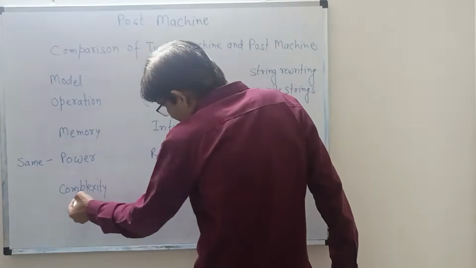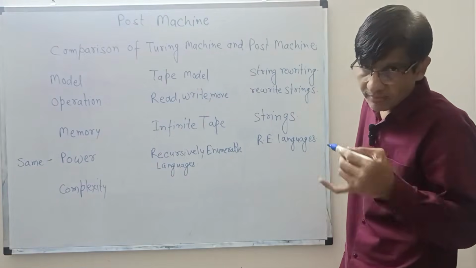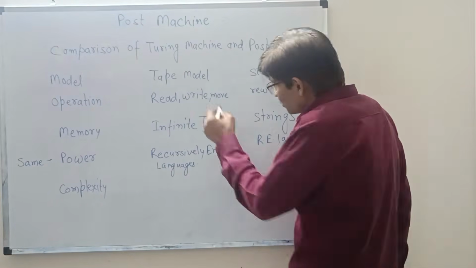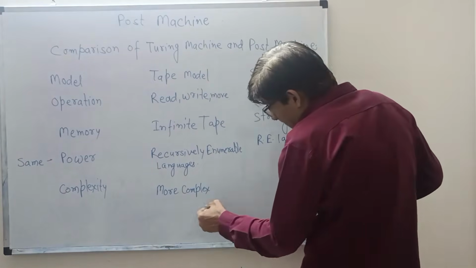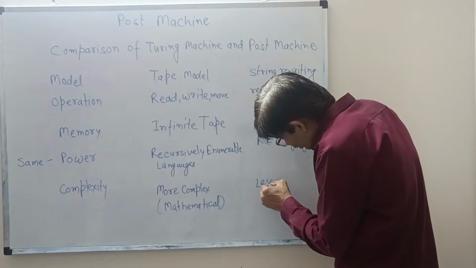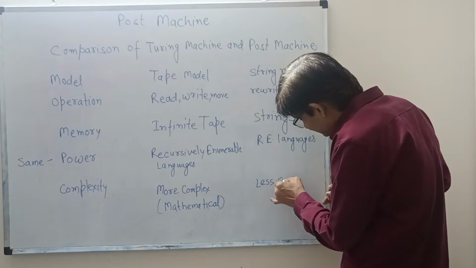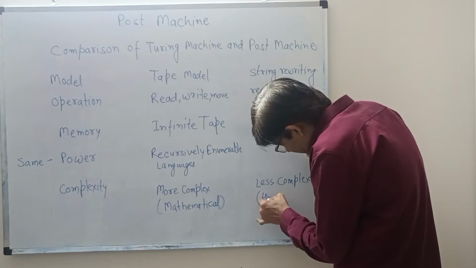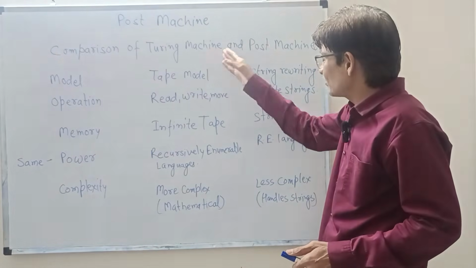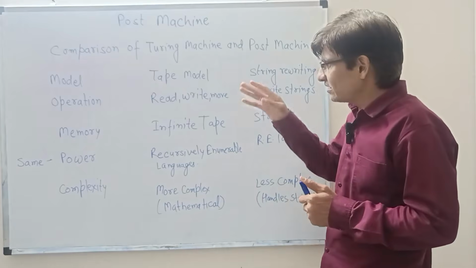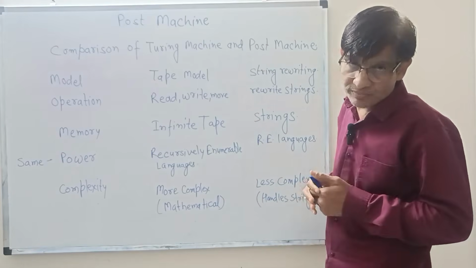Now if I compare these two on the basis of complexity, then Turing machine is more complex as it is a mathematical model. Post machine is less complex as it handles strings. So this is the comparison between Turing machine and post machine, and this is all about the post machine.